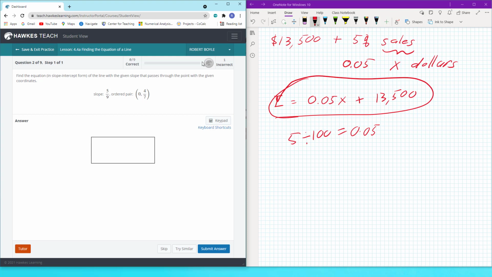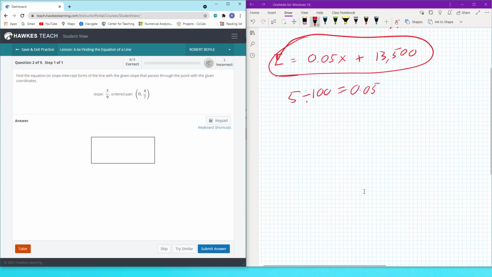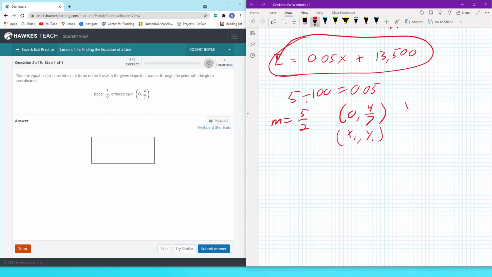So in this particular case, m is equal to 5/9. Our coordinate is (0, 4/7), so this will be x1, this will be y1, and that means that x1 is equal to 0, y1 is equal to 4/7.